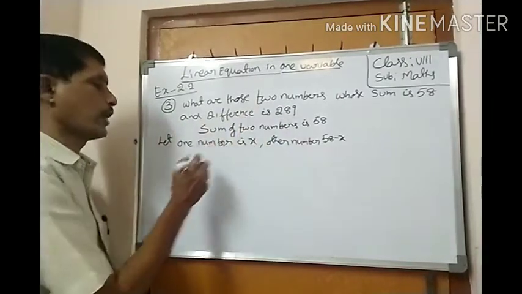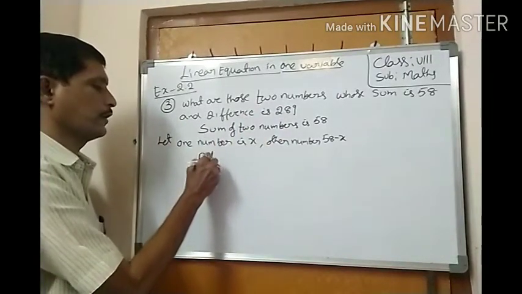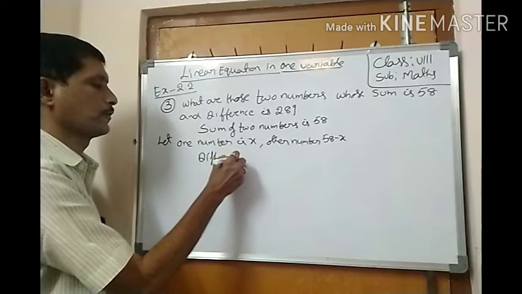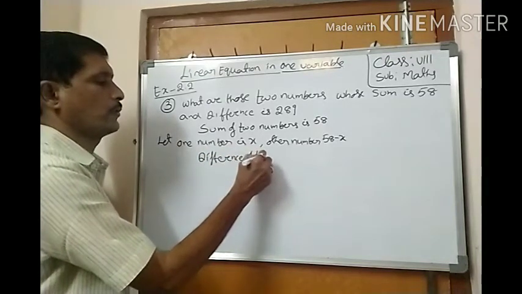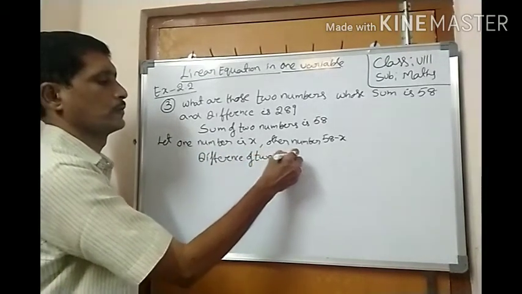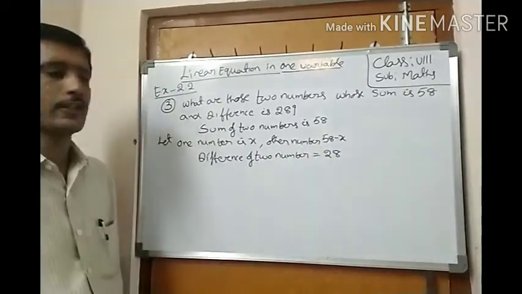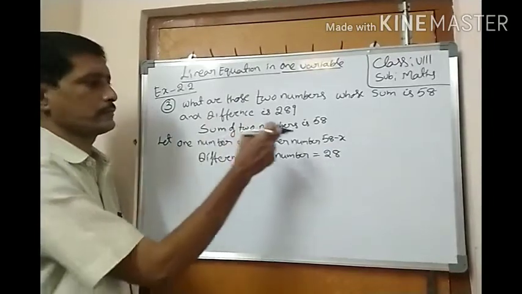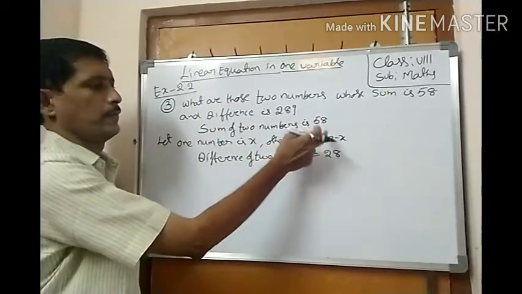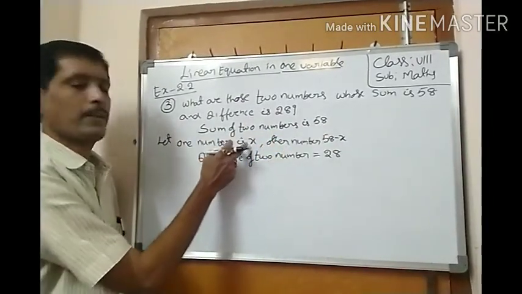Now the difference of the two numbers is given as 28. Difference means one number is 58 minus x, another number is x.